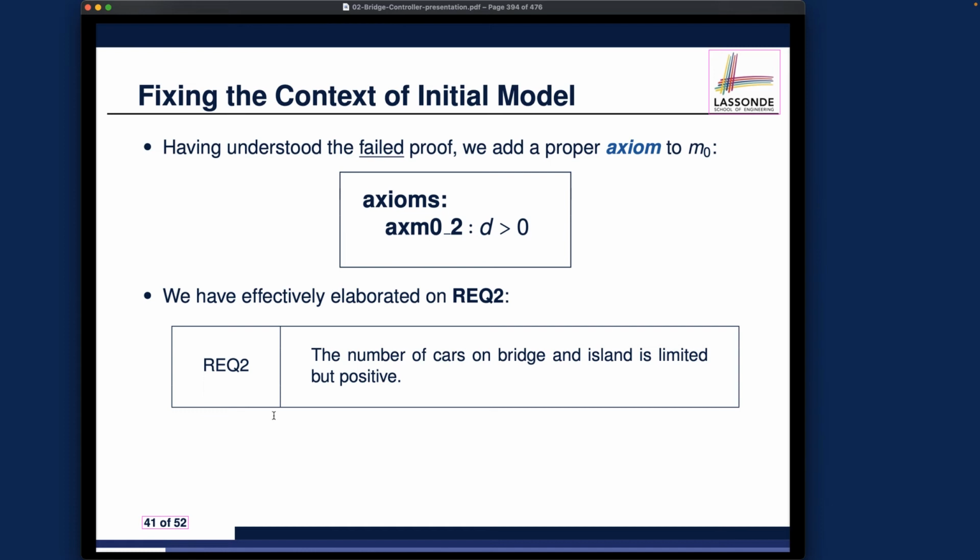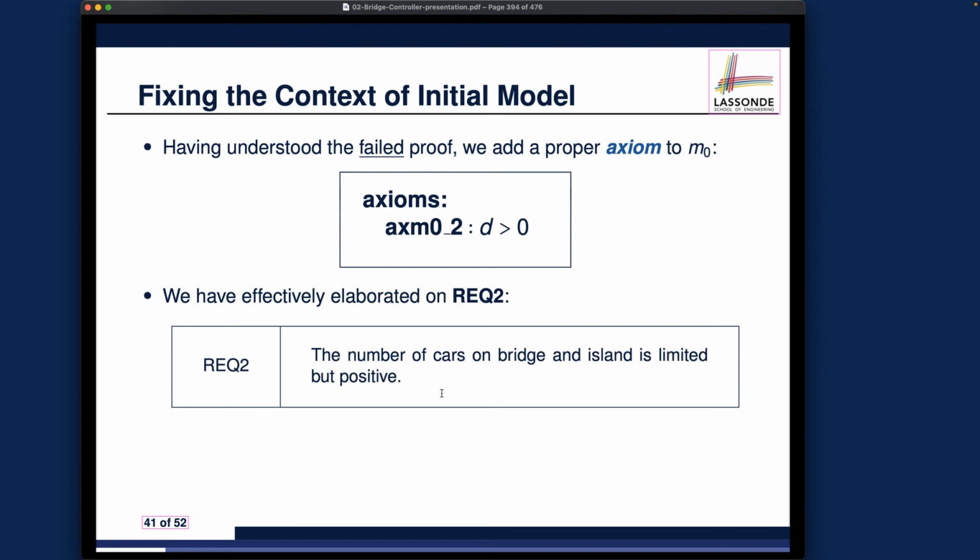If you go back to requirement number 2, which we spoke about two weeks ago when we first introduced the bridge controller system, it says the number of cars on the bridge and island is limited. That's all we said. But now, since we introduced this axiom, we are helping our customer make the requirement more elaborate, meaning that not only should it be limited, but also it should be positive.